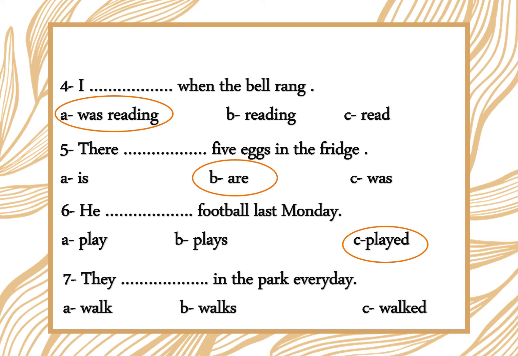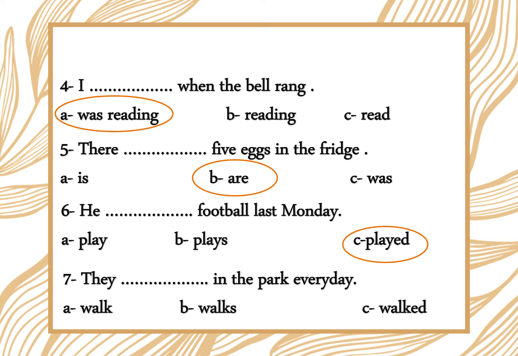Number 7: They in the park every day. They walk, they walks, they walked in the park every day. If we look at the sentence, we will see that every day is a keyword for the present simple tense.